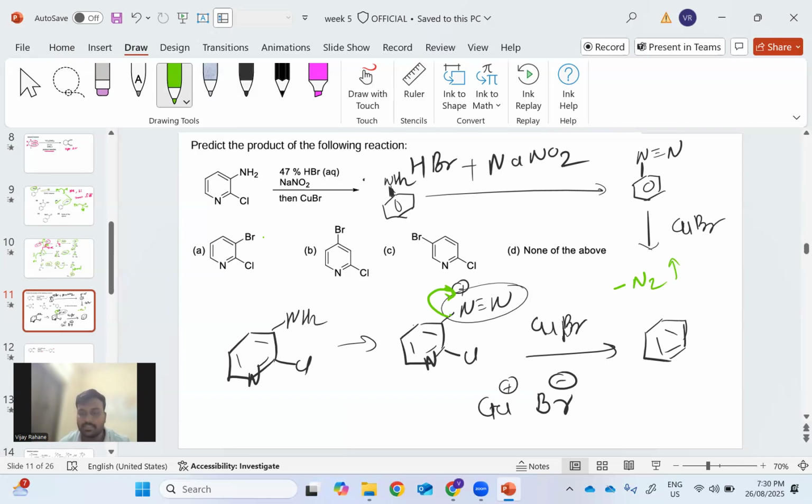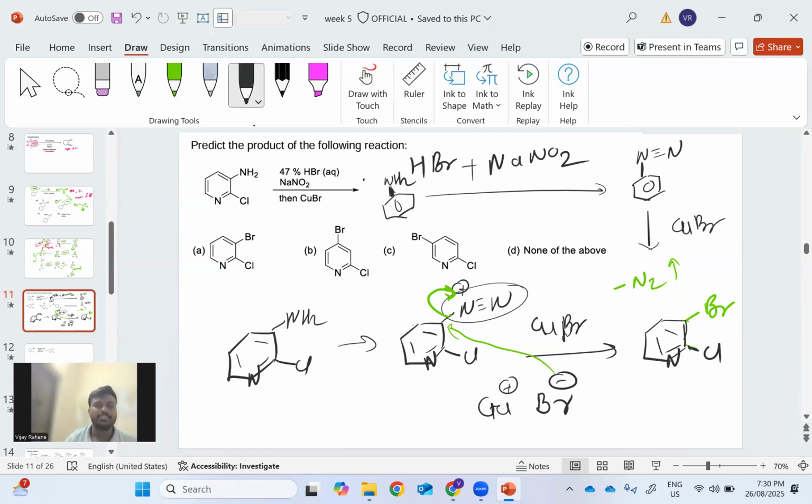And now the Br negative attacks on that position, the ipso position. So there will be the Br, and the chloride will remain the same. I'll just write it in the same color code, it will help to understand. So this is how the reaction works.